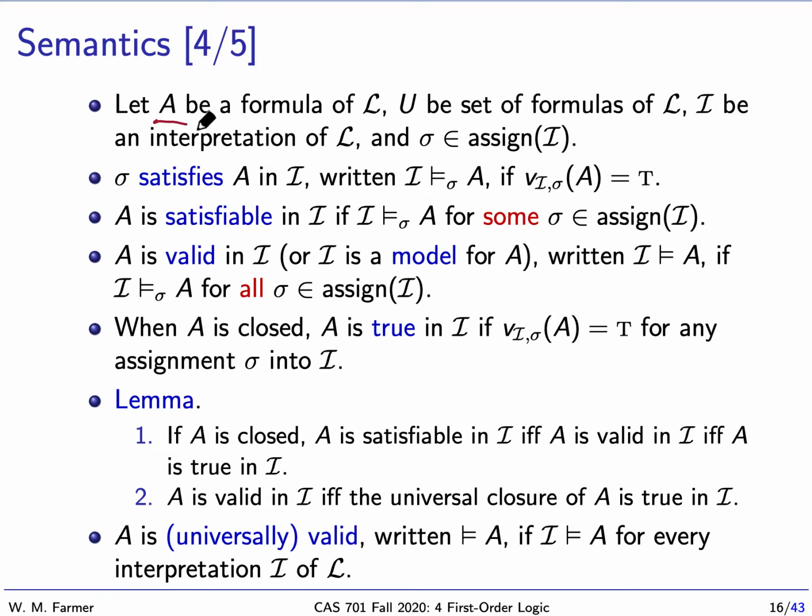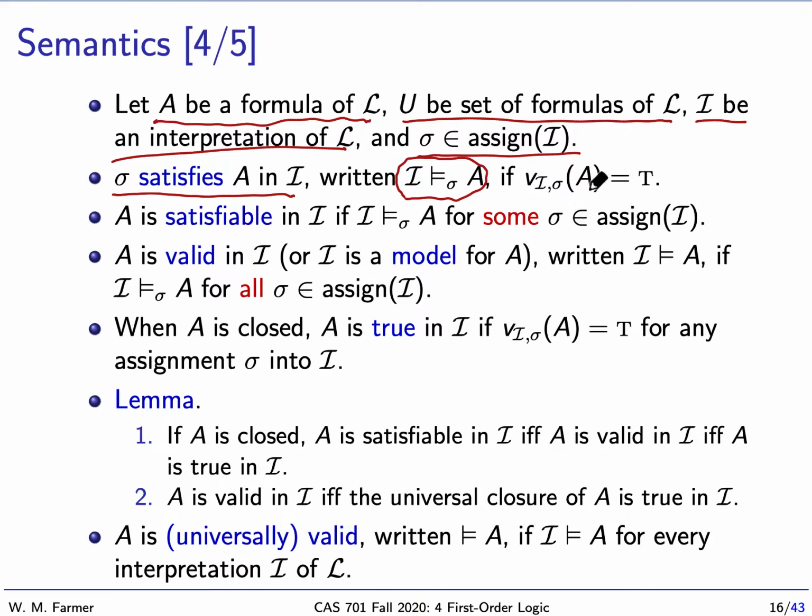So let's say A is a formula of L, U is a set of formulas of L, I is an interpretation of L, and sigma is an assignment into L. Okay, so the first one is sigma satisfies A in I, which we write like this, if the value of A under I and sigma is true. So basically, we'll say that sigma makes A true in I. That's one way of saying it.